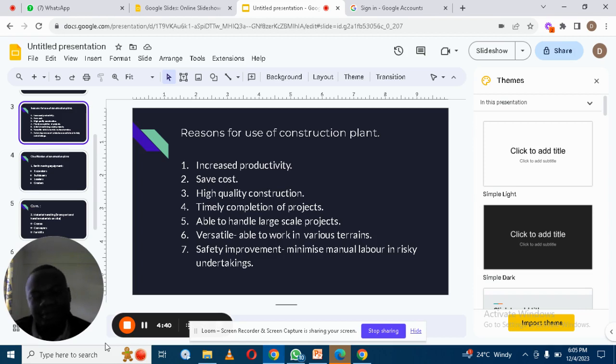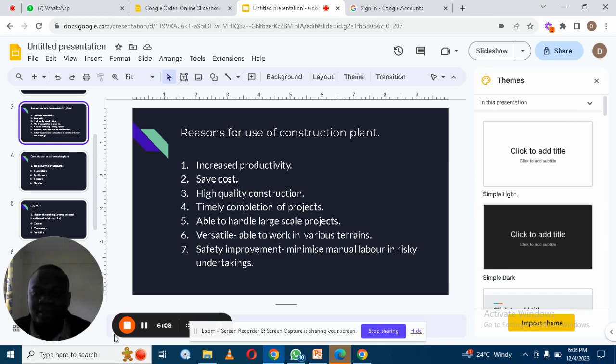It is impractical when you are using manual labor to take cement all the way to the 30th floor because some people will sustain serious injuries in that process. So if you want to reduce the risk involved in construction, you will employ the use of construction plant.